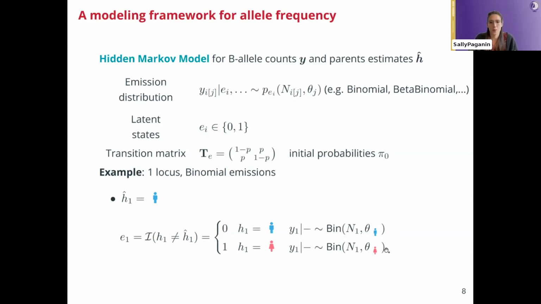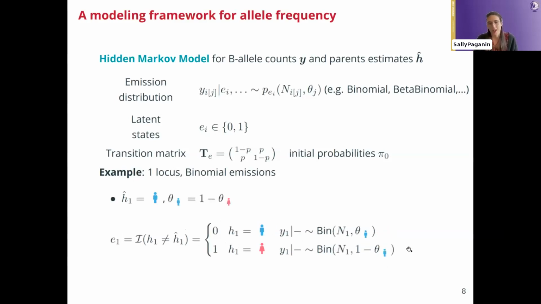In the second case, we need to switch our estimate and use a binomial indexed by theta mom. And since we have just two possible outcomes, we can just reparameterize this in a simple way. I mean, this is a really simple model, but it's just to tell you that at the end of the day, we just need to estimate one parameter for each, regardless of which value of the latent state we are in.